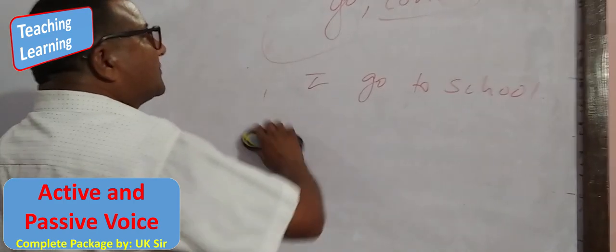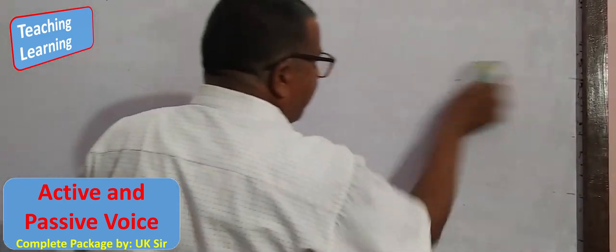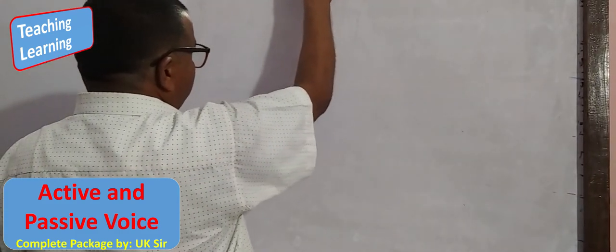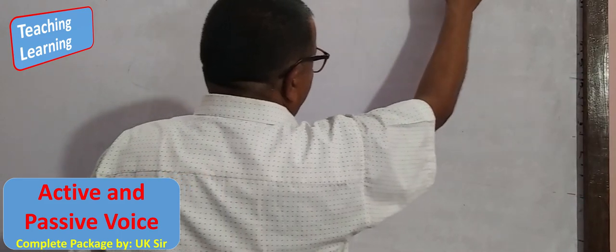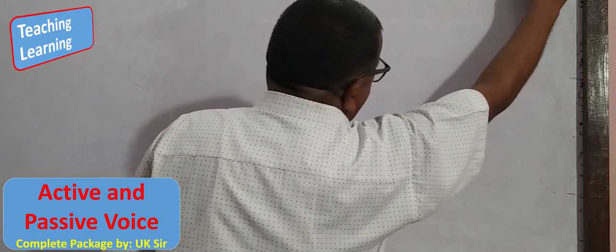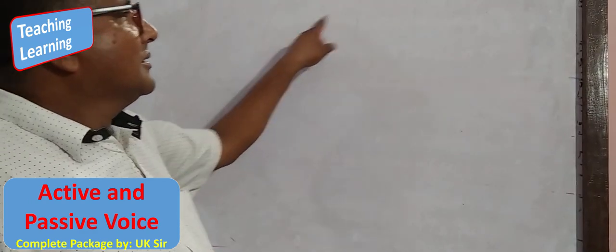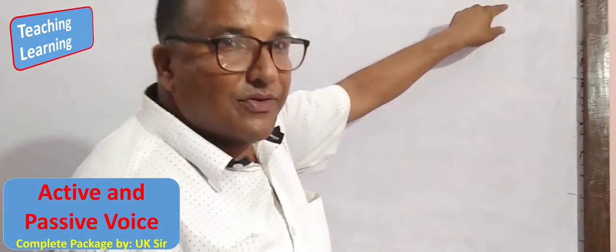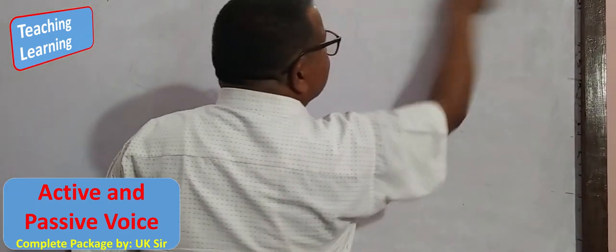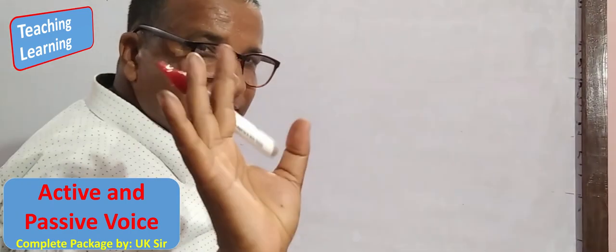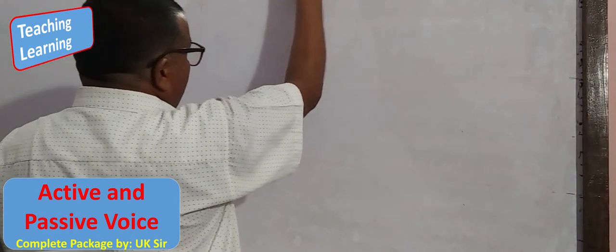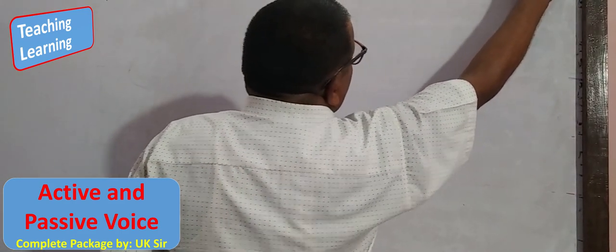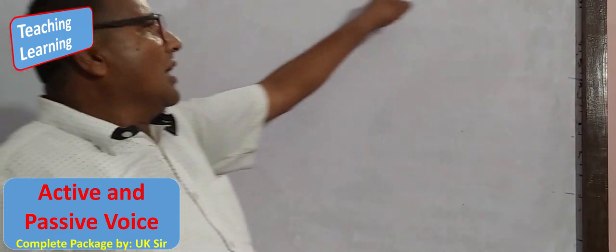All this in the simple future tense. People will love him. I will give a different sentence: someone will love him.